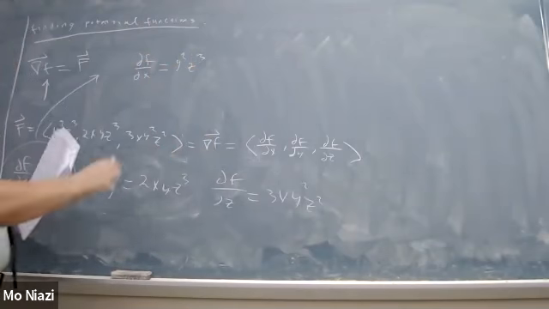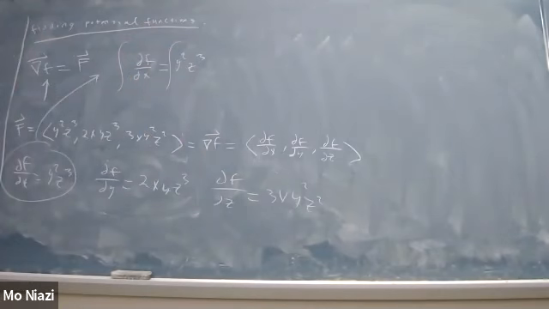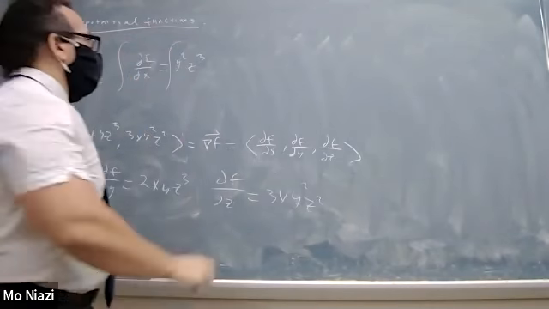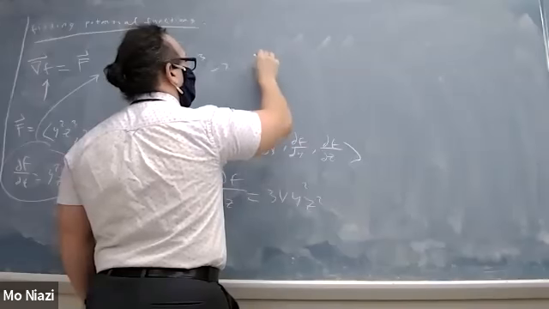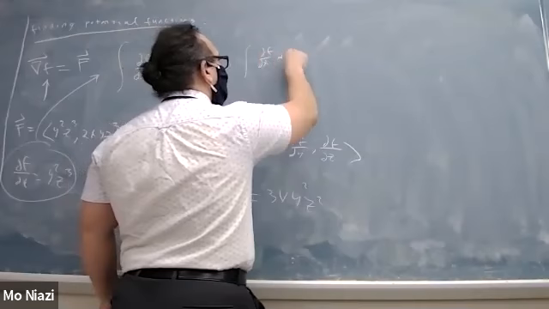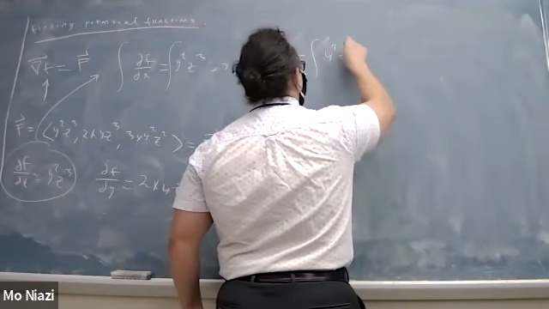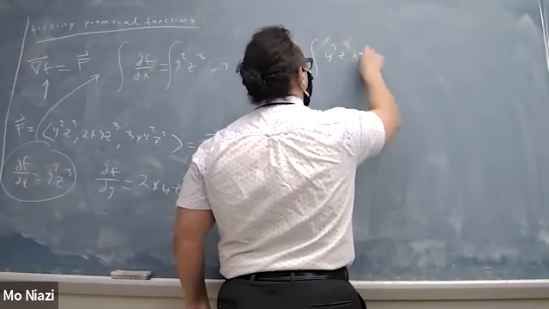Notice that I could take the integral of both sides here. So what would that give us? That would say the integral of partial f, partial x dx is equal to the integral of y squared z cubed dx.